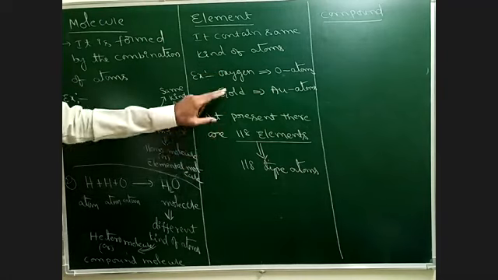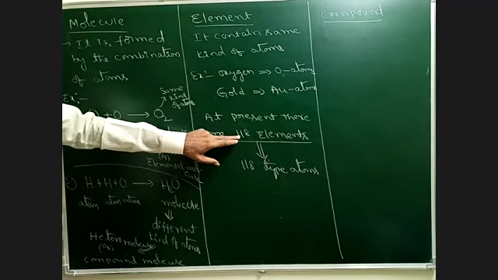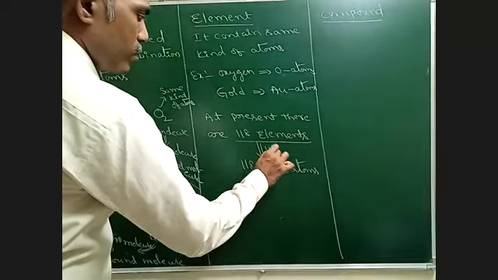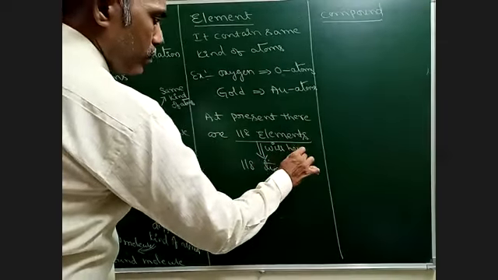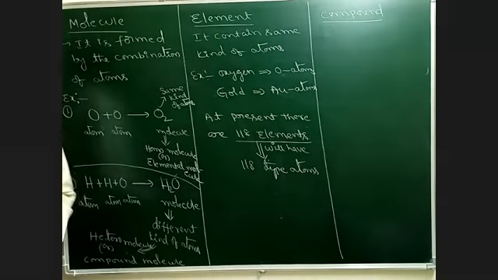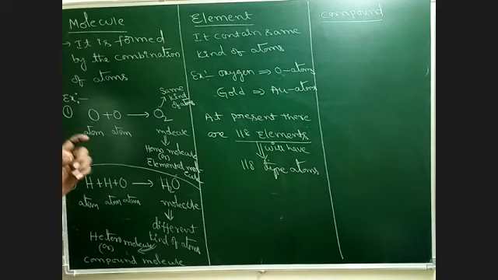Oxygen atom, gold atom. Like that, 118 elements will have 118 types of atoms. So students, tell me, how many types of atoms? 118 types of atoms.